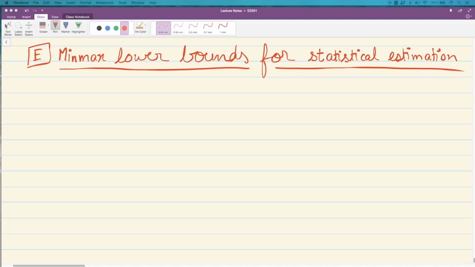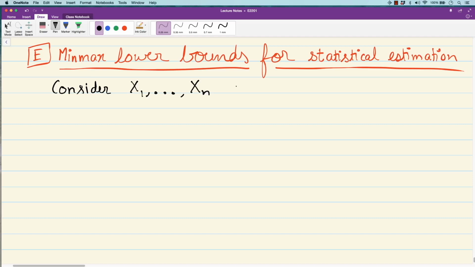Okay, so we have already studied hypothesis testing problems quite a bit, but now let's come back to the statistical estimation problem. Here is one example. I'll just illustrate this topic via a very useful example. So consider these random variables x1 to xn.